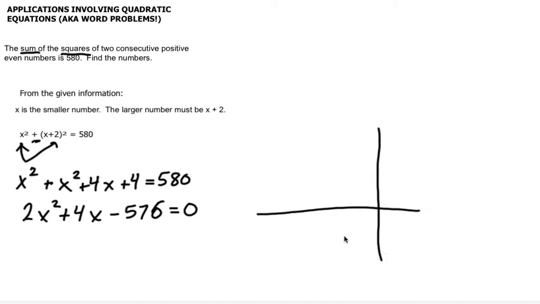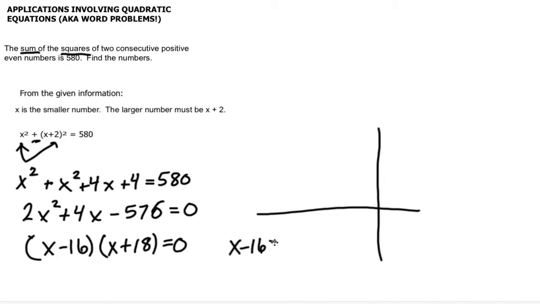Using the cross method, I'm going to end up with the factored form of x minus 16 times x plus 18 equals 0, which then means either x minus 16 equals 0 or x plus 18 equals 0. So x can either equal 16 or x can equal negative 18.